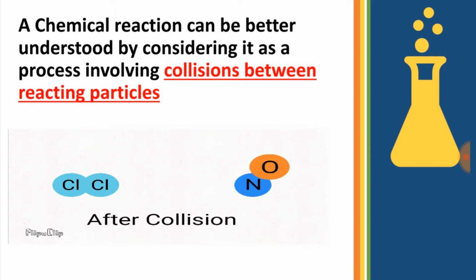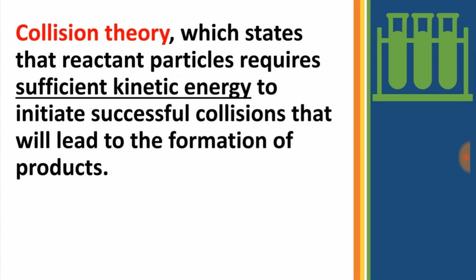From 1 chlorine and nitryl chloride, it turned into 2 chlorine and nitric oxide. In order for chemical reaction to take place, there should be collision between reacting particles. Collision theory states that reactant particles require sufficient kinetic energy to initiate successful collisions that will lead to the formation of products.